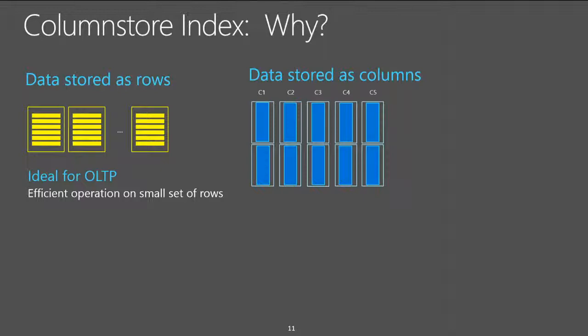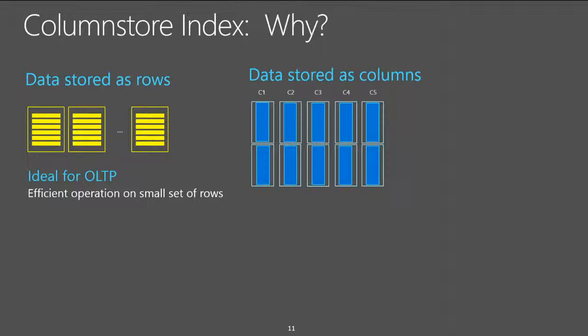So I'm taking column C1, I'm picking some set of rows in my table, right? For SQL Server, it is a million rows. So you take a million rows and pick column 1. You store column 1 values for a million rows together, okay?